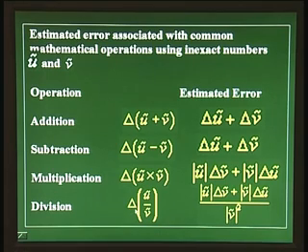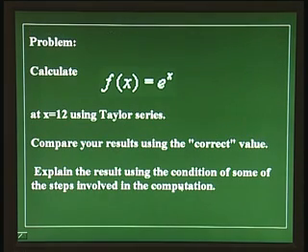And in division you would have something similar, where the value of the variable itself is important to find the total error in the function. Now we could look at, as a problem, the function f of x as e to the power of x. Two things you have to look at.